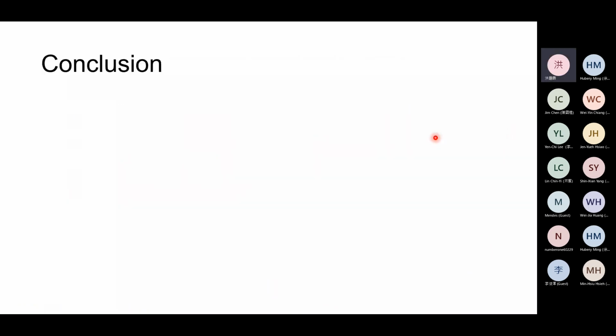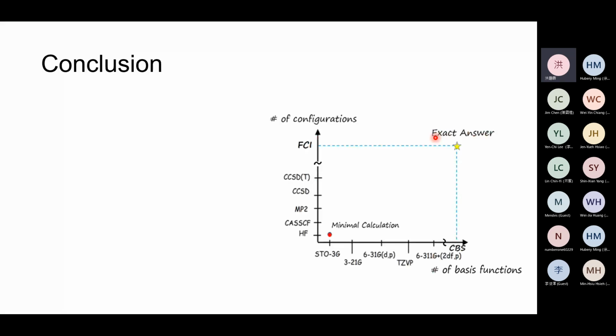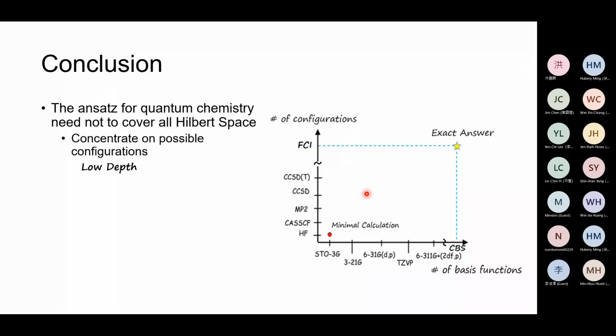So here is the conclusion. But before the conclusion, I'd like to recap this picture. We should always remember that for quantum computational chemistry, there are two directions. If we consider a quantum algorithm or in VQE simulation, the ansatz for quantum chemistry need not cover the whole Hilbert space.